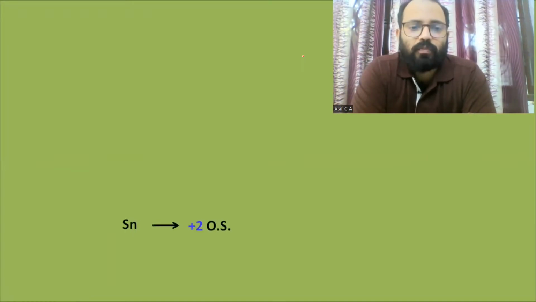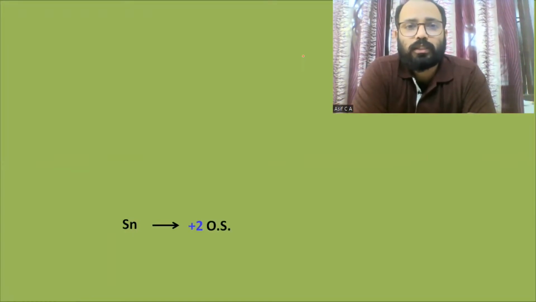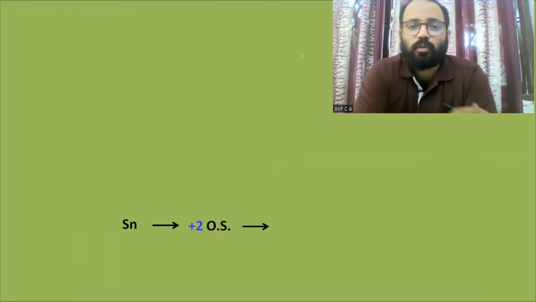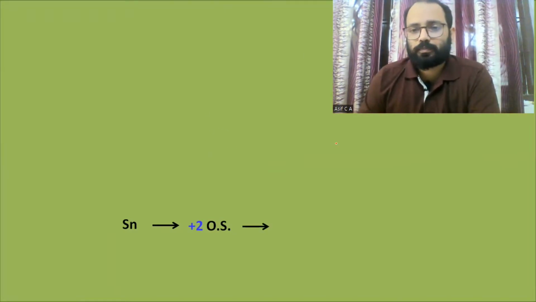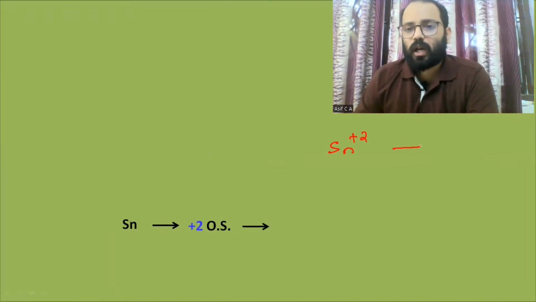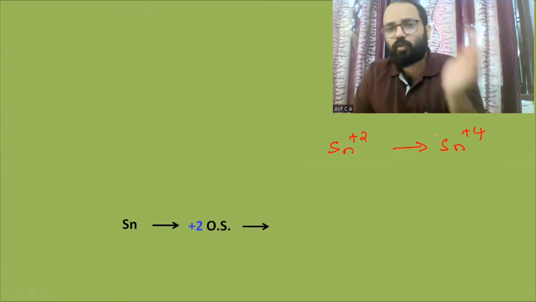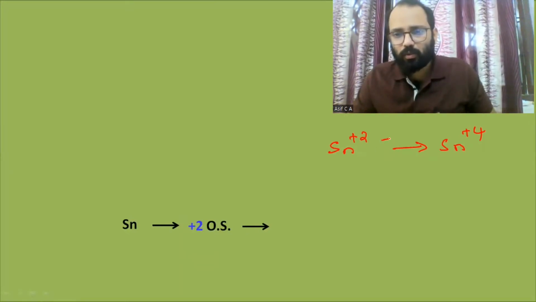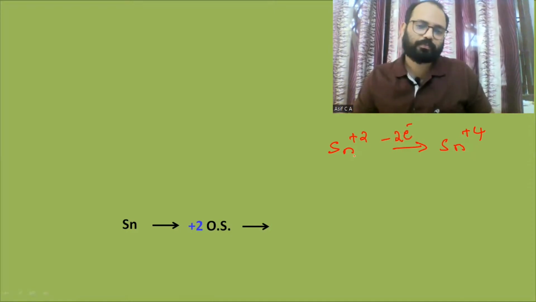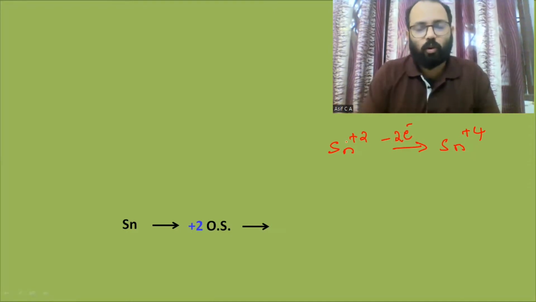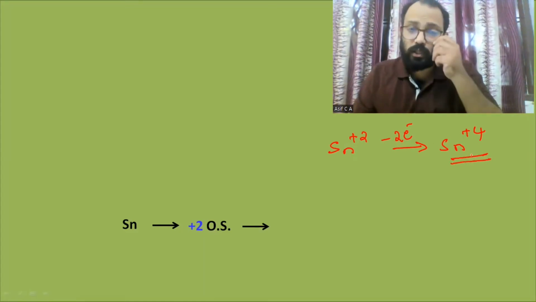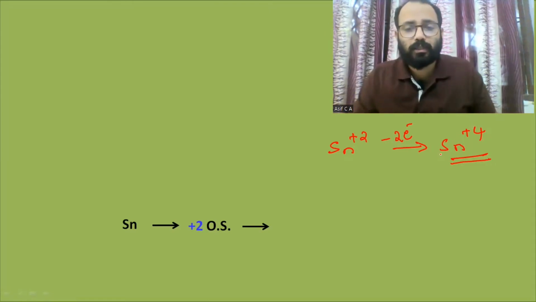If you talk about tin in +2 oxidation state, we saw that tin has +2 and +4. Tin is actually more stable in +4. So when tin is in +2 and is stable in +4 oxidation state, it has to go from +2 to +4. If it jumps from +2 to +4, it should lose 2 more electrons. It has already given 2 electrons, and by giving 2 more electrons, it can get into a stable Sn+4 oxidation state.